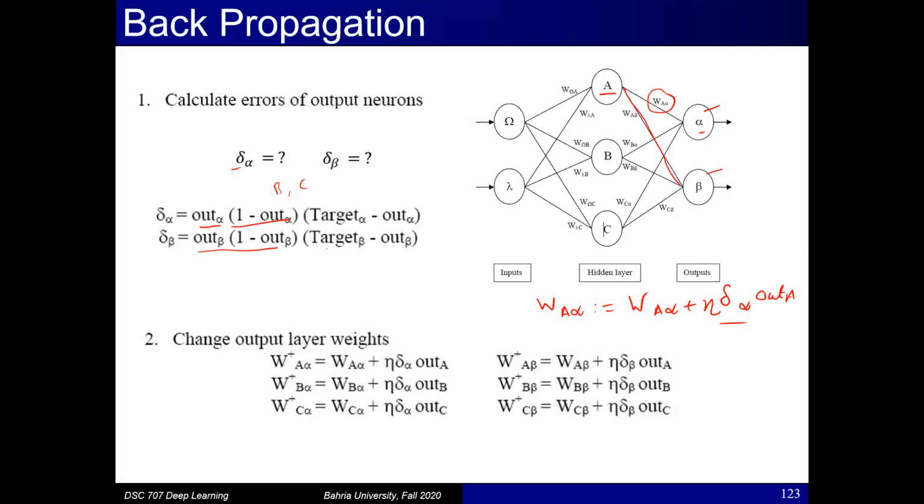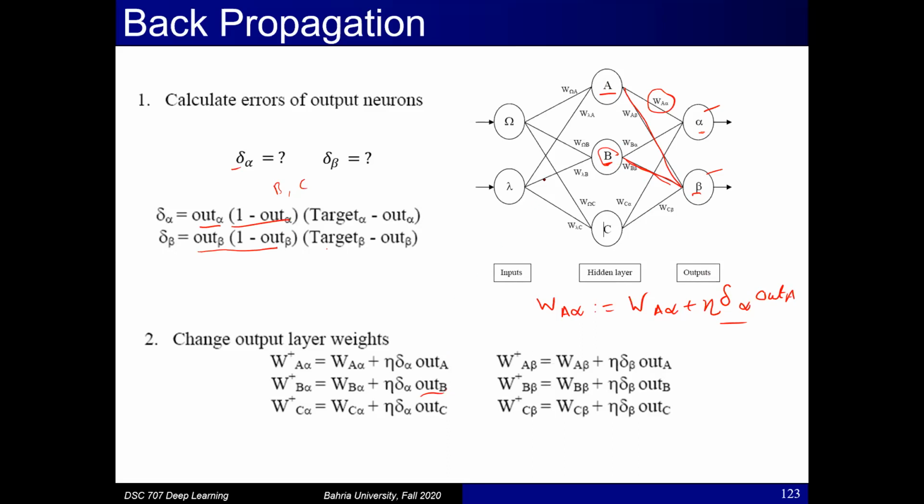So you can write the expression for all the 6 weights you have in the last layer. It's exactly the same thing. The only thing is that when you are talking about this link to beta, the input is the output of B. That's why you see output of B here. So if you can write one expression you can write all 6 expressions. This is how you actually update the weights.